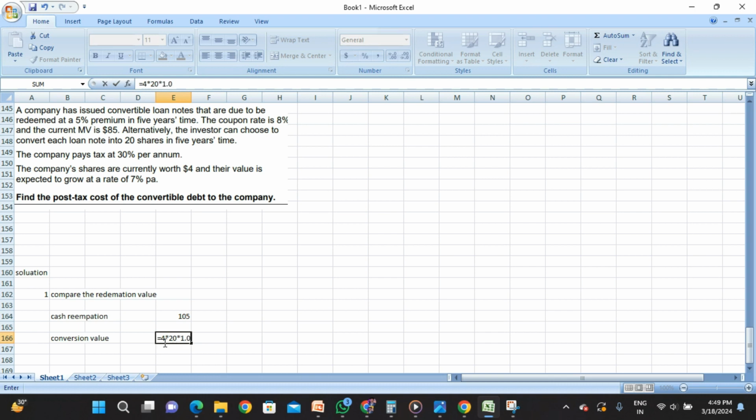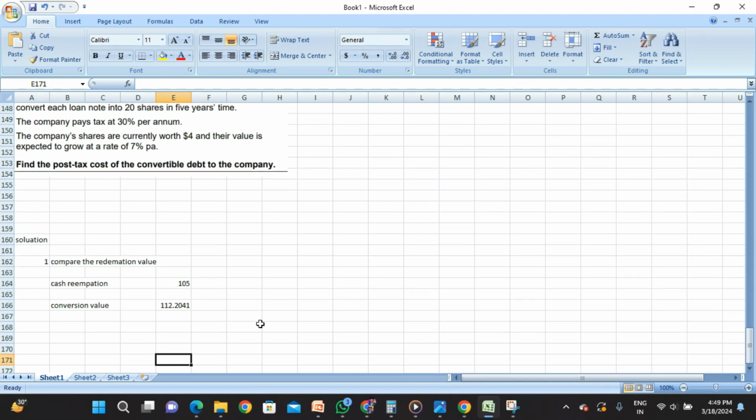So 4 into 20 into 1.07 bracket to the power 5, we get 112. We have to assume that the investor will choose the higher value, so he will go for the conversion option. He will get shares instead of the cash redemption of 105.